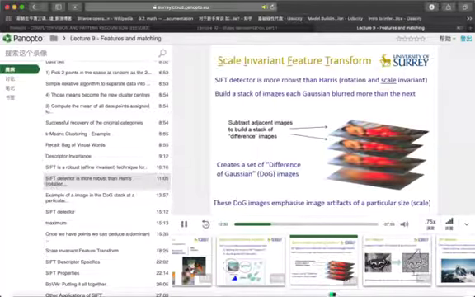The basic idea is to blur the image at these different levels of scale, and then compute the difference between adjacent scales of the image. Now, when we blur an image at progressively coarser scales, we have a special term for that in computer vision. We call it computing a low-pass pyramid of the image. And when we difference adjacent levels of the low-pass pyramid, we call that a bandpass pyramid.